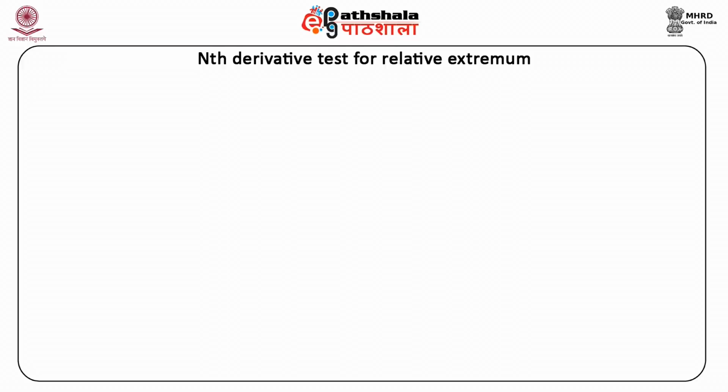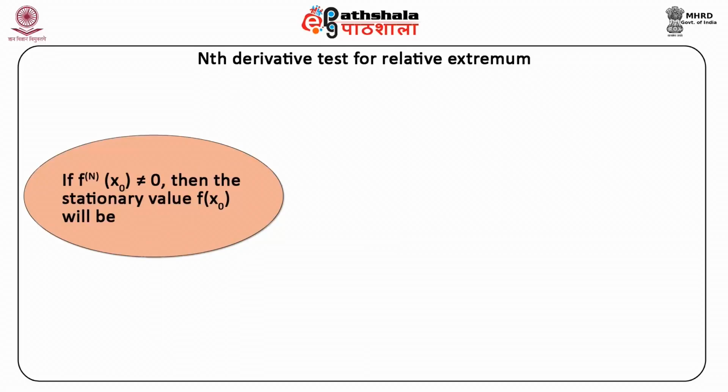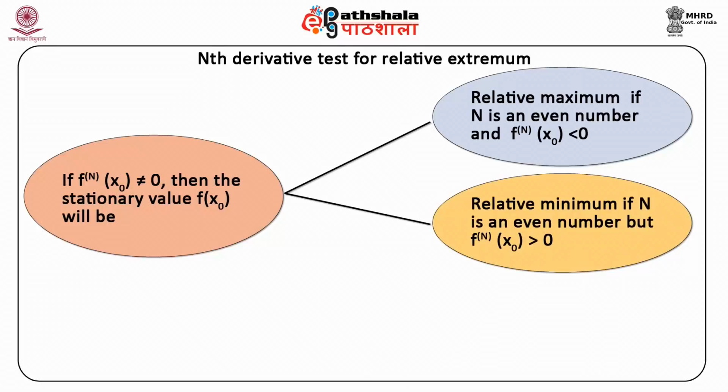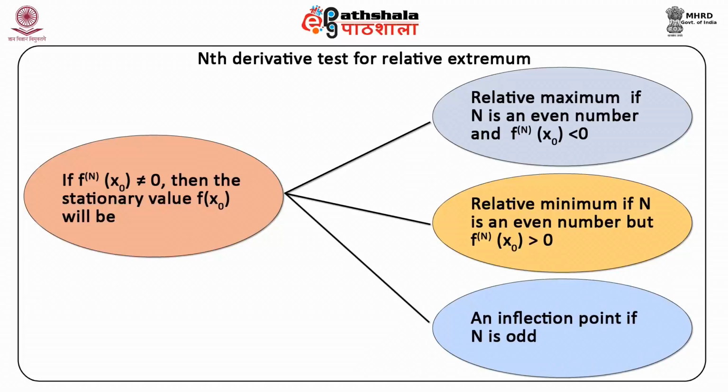If the first derivative of a function f(x) at x0 is f'(x0) = 0, and if the first non-zero derivative value at x0 encountered in successive derivation is that of the nth derivative, f^(n)(x0) not equal to 0, then the stationary value f(x0) will be: a, a relative maximum if n is an even number and f^(n)(x0) is less than 0; b, a relative minimum if n is an even number but f^(n)(x0) is greater than 0; and c, an inflection point if n is odd.